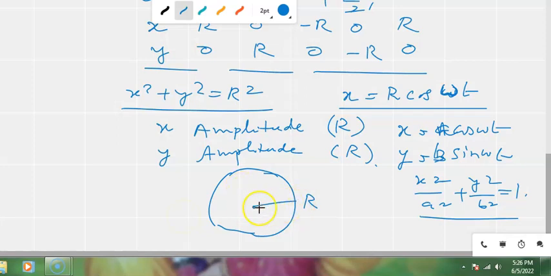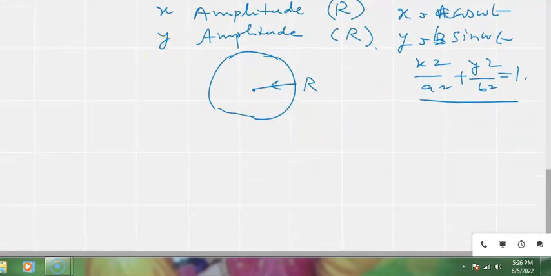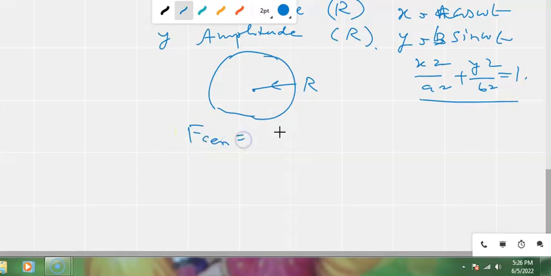But there is a force directed towards the center. The origin of the force may be gravitation or applied by some external agency, but the centripetal force is given as m v square by r, where the acceleration is v square by r.